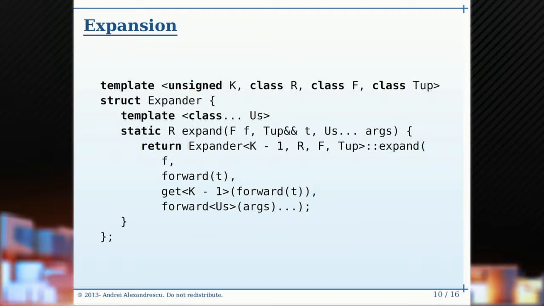One step in the expansion, which is going to say, well, return expander, bump the counter down, take the last argument and forward it. That's get. Take the tuple and forward it, so just pass it along. The interesting part is get of the last field of the tuple, k minus 1, and forward the tuple to it. And in the end, I'm going to say forward args.